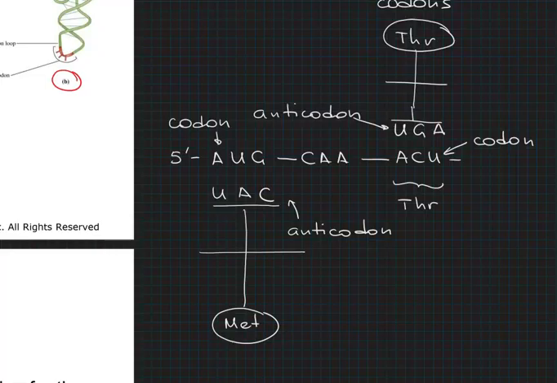Okay, I get it. Like if you try to stick threonine over here, like if that tRNA tries to bind to AUG, it can't, because it's not fully complementary. You have to have full complementarity. Does it make sense? Awesome.